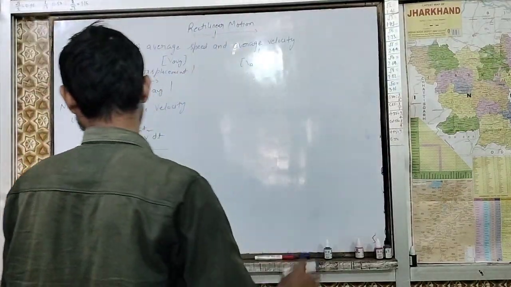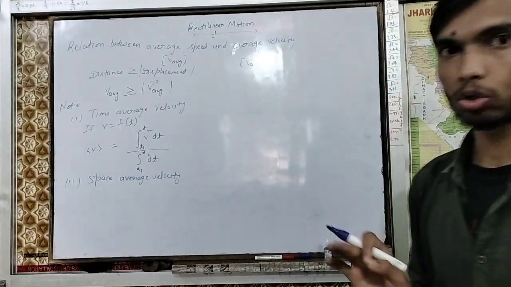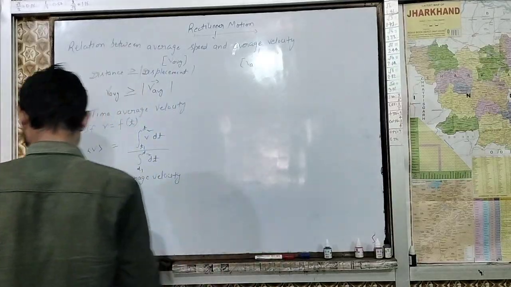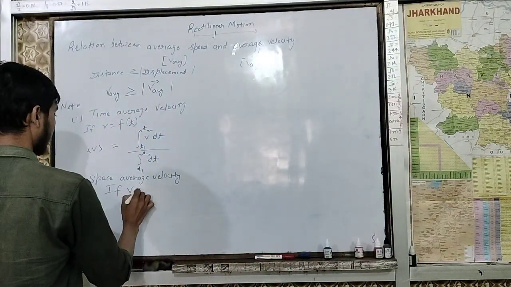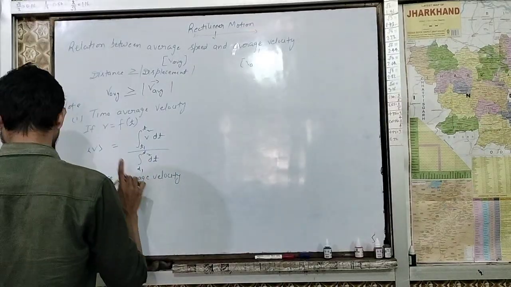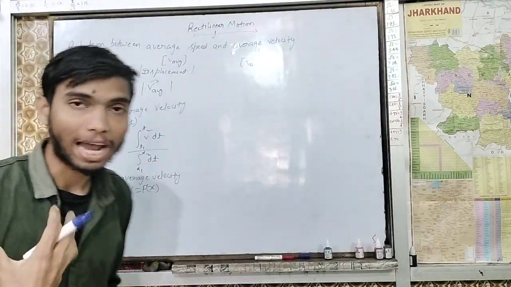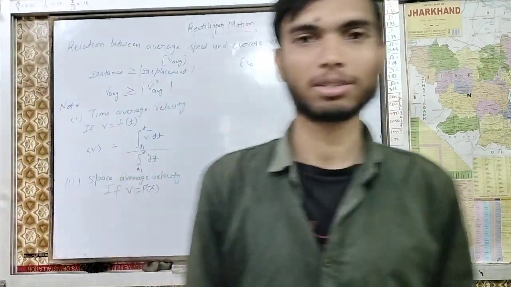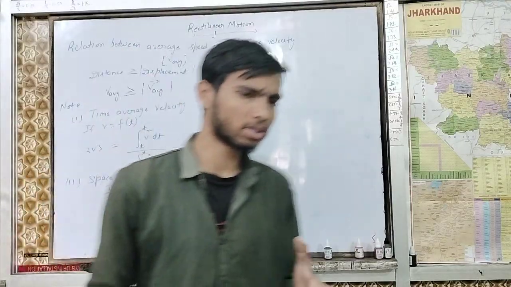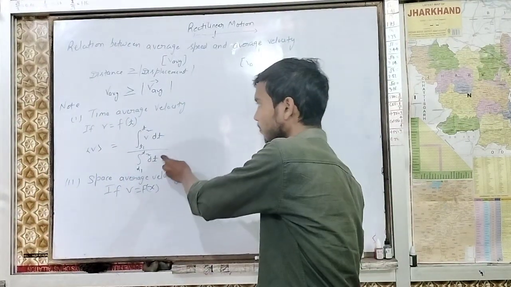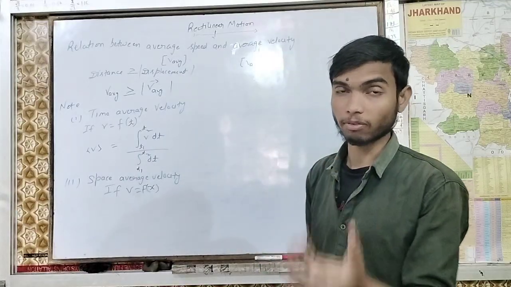So here our function is going to be position. If v is given and x is a function, the value of v is given, but x is a function. Then nothing, just the limits will be different. In the previous case we saw the limits were t because the function was t.